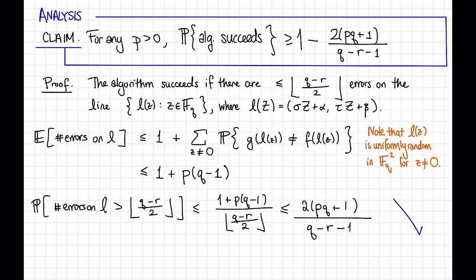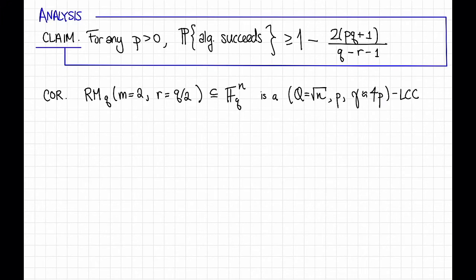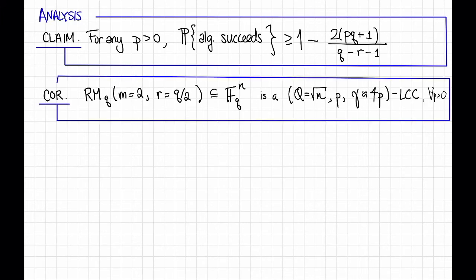All right, I'm going to erase the proof of the claim so that I can write a corollary. The corollary is that for all p greater than 0, the Reed-Muller code with 2 variables and degree r equal to q over 2 over F_q, which is a code with alphabet F_q and block length n, here n is equal to q squared, is a locally correctable code with query complexity q equal to the square root of n, error parameter p, and failure probability gamma, which is approximately 4p as n gets large.